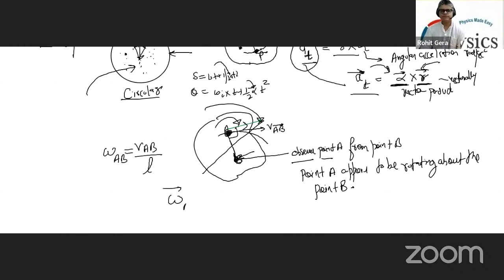So A with respect to B is given by VAB and L, and if I rotate it like this, if you apply the corkscrew rule, this object will go inside. Okay, so inside means minus k, right? So you can see the direction of omega. If you make it anti-clockwise, the cork will come out, and therefore it will be positive.